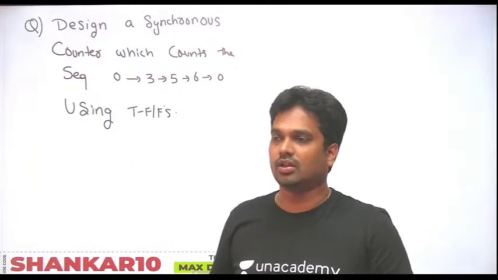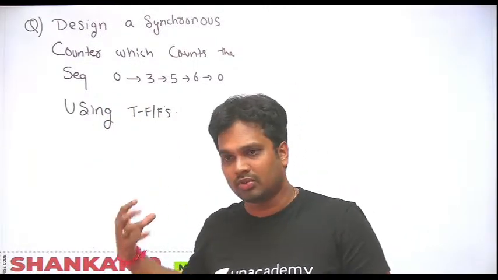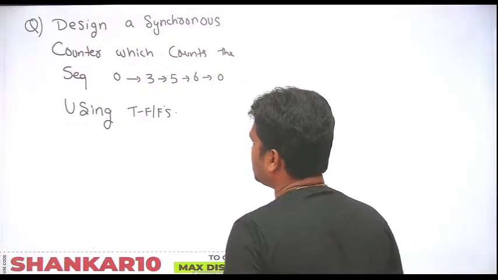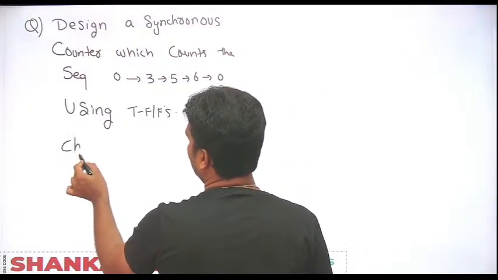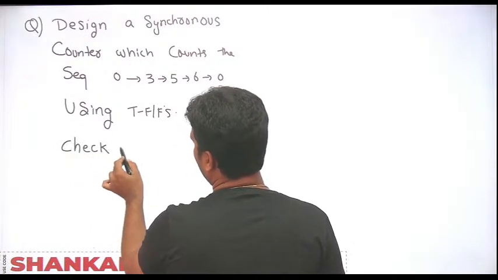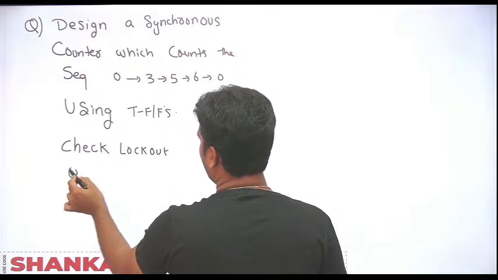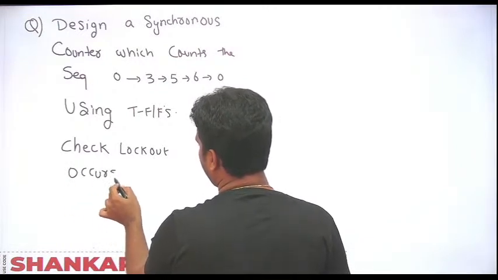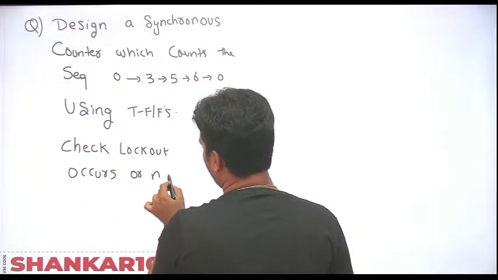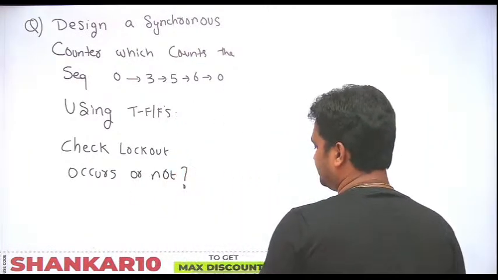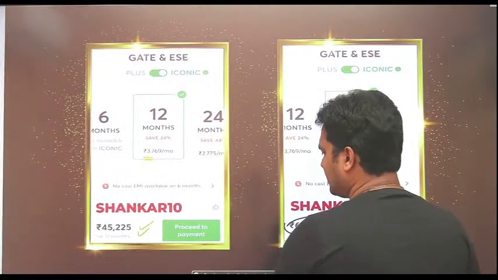A converter is required. If you directly take the output from the flip-flops, you need 3 flip-flops here. You should also check whether lockout occurs or not. Lockout meaning, I will explain it, don't worry.